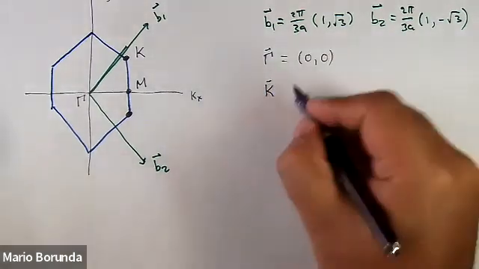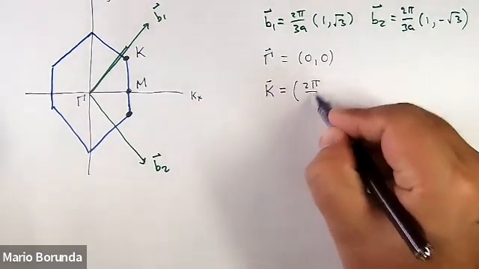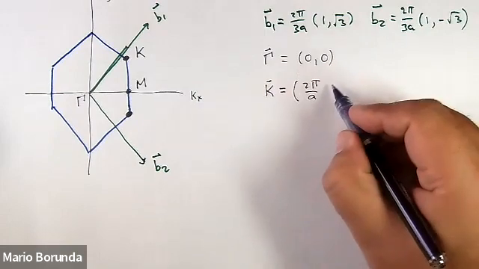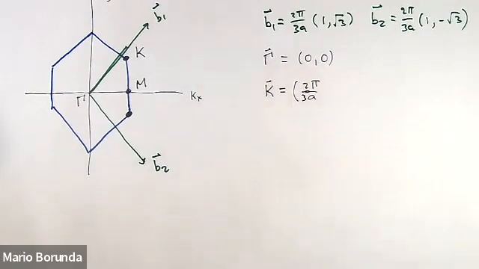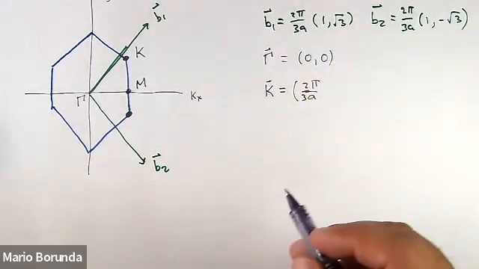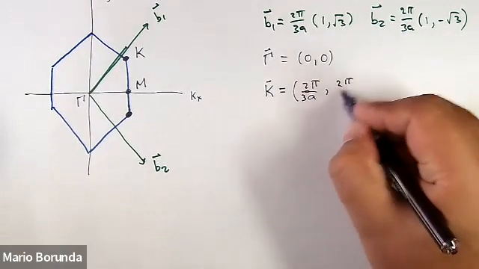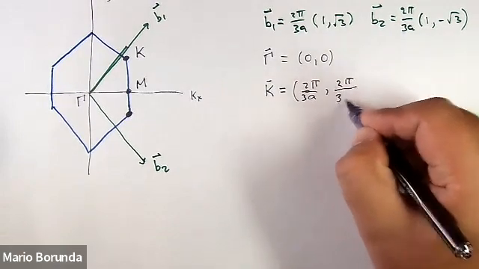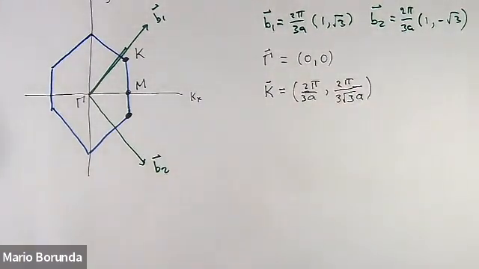By my notation, this K point is happening at 2 pi over 3a, 2 pi over 3 square root of 3a. Okay. So that's my symmetry point, because there's a lot of points that are the same.